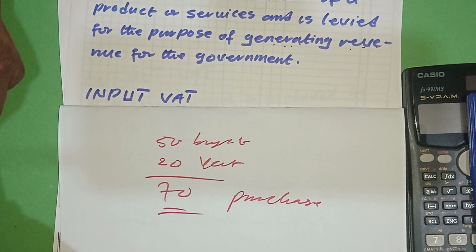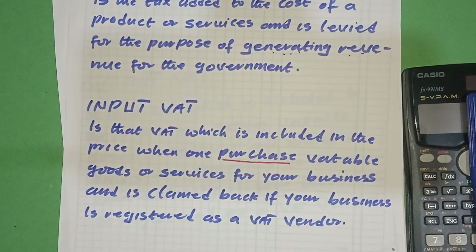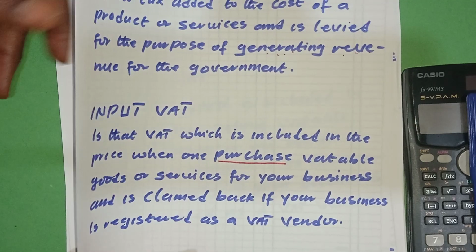You understand? The tax you are paying is included. So that is tax input. They've imputed the tax and you pay the money, the tax and the original amount, and the amount added to it. Hope you understand. Good and fine. That is tax input.